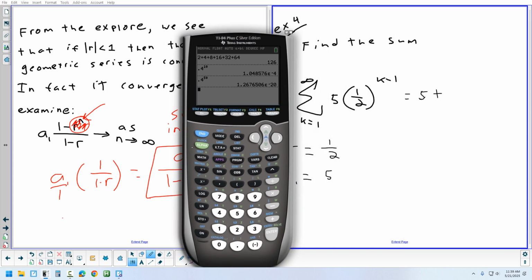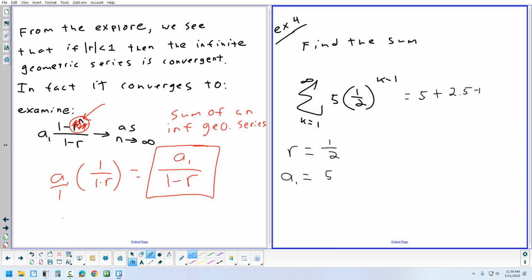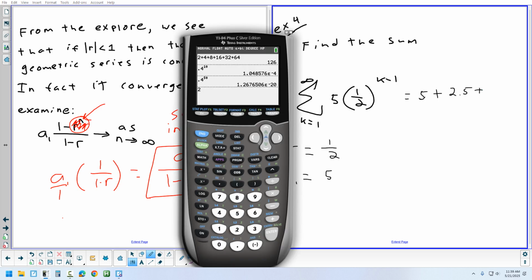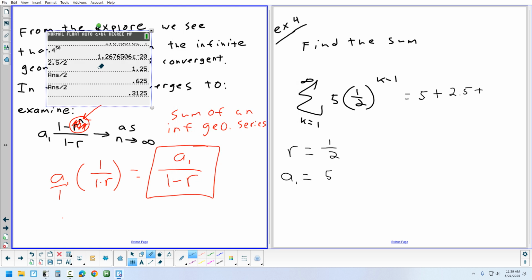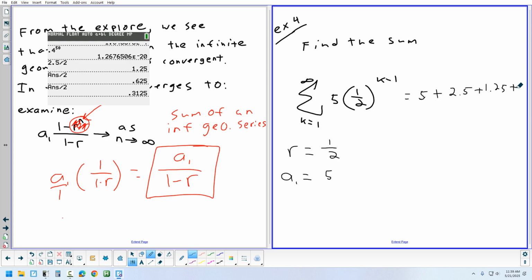So we've got 2.5. That would be the next one. And let's just do that a few times. 2.5 divided by 2, divide by 2, divide by 2. Okay, so those are the terms that you're adding up. 1.25, 0.625, plus 0.3125, and it keeps going on forever.